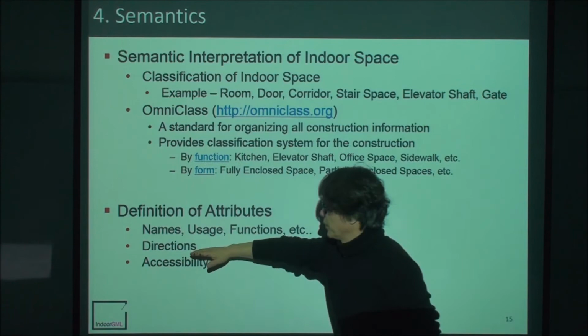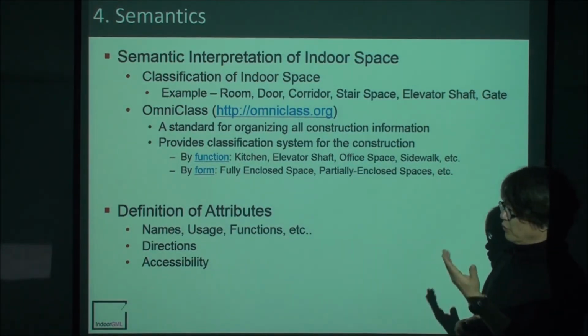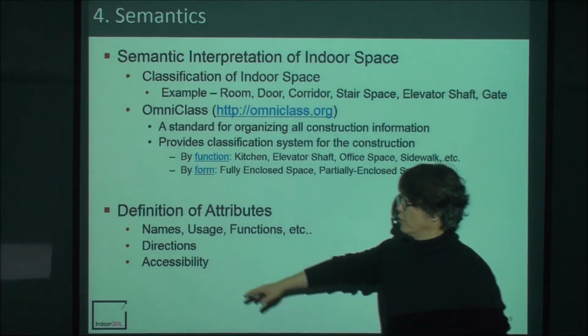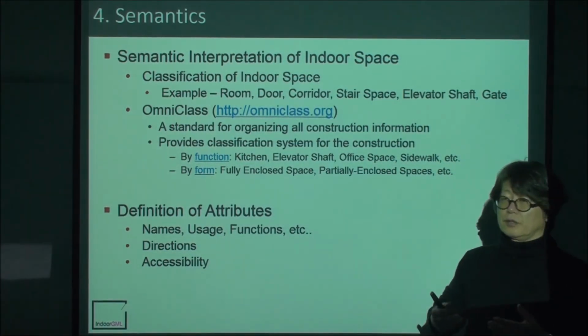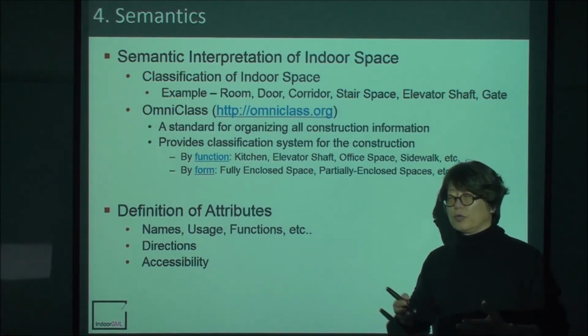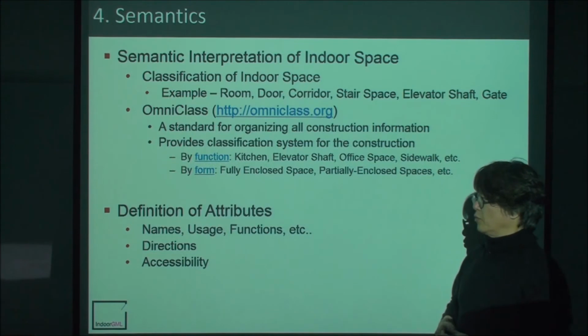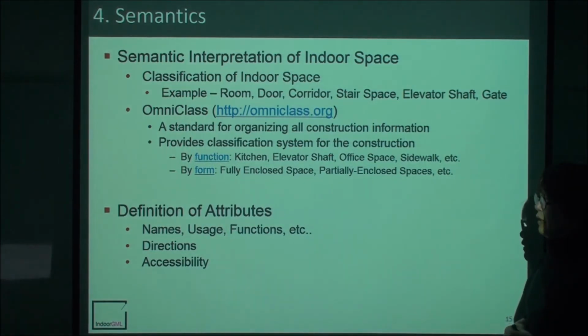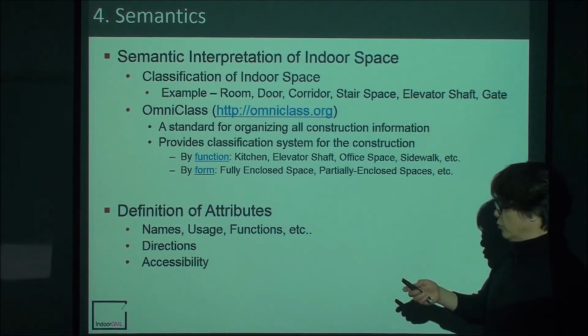So we can define the direction to the surface, and we can also define the accessibility. For example, some door is accessible during the daytime, but at nighttime it is not accessible. So we can define such kinds of attributes to each cell or the cell boundary.